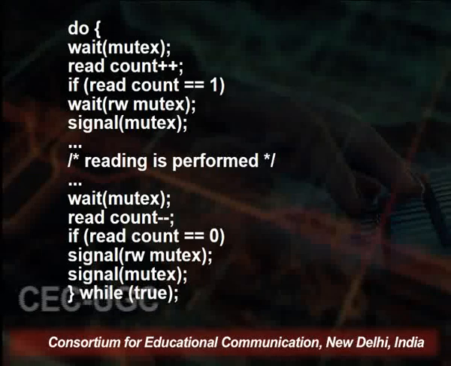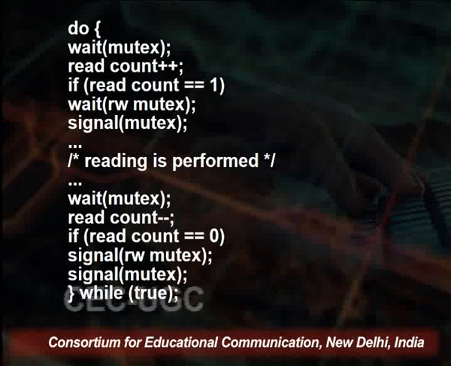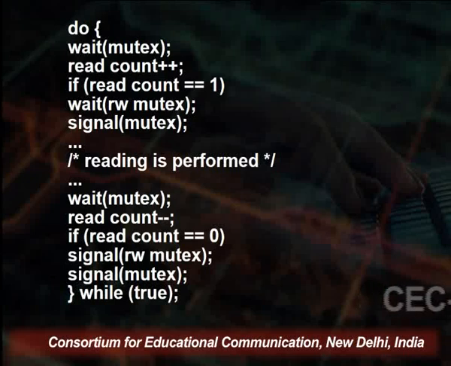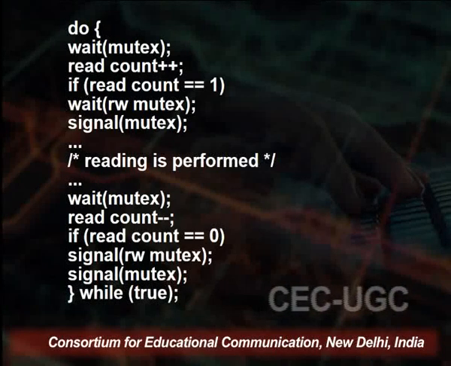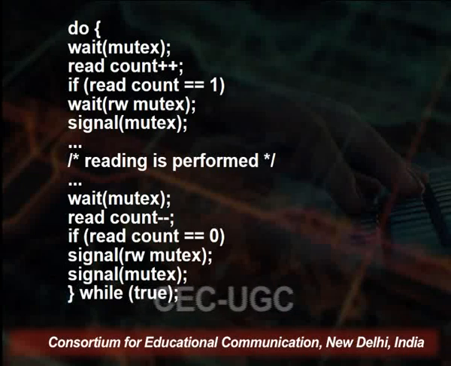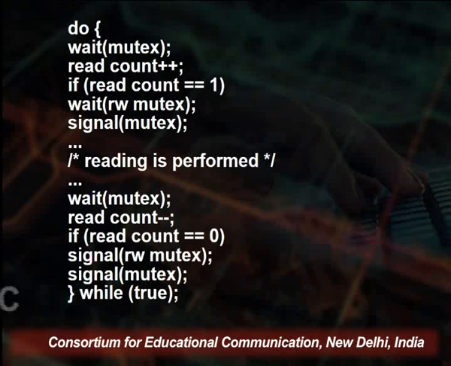So let us try to see this again. We have wait mutex, and this mutex has been taken up by some reader process, because if we are talking about only reading the mutex will help, and if we are talking about reading and writing, then RW mutex is going to help us. So if wait is called on the mutex, that means read count has been incremented, one more process is reading, and if it equals 1, we have wait RW mutex and signal mutex both, then the reading is performed.